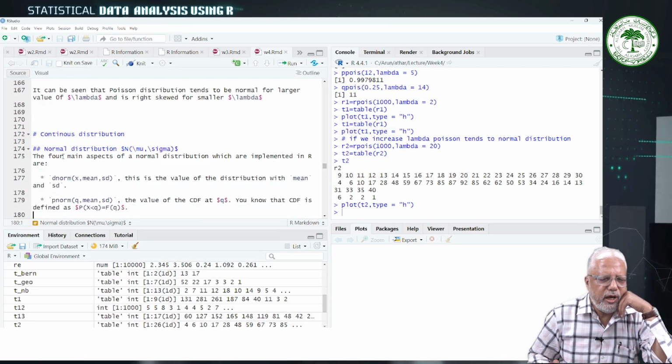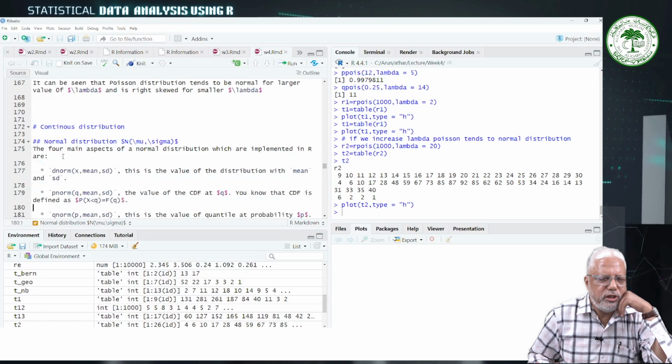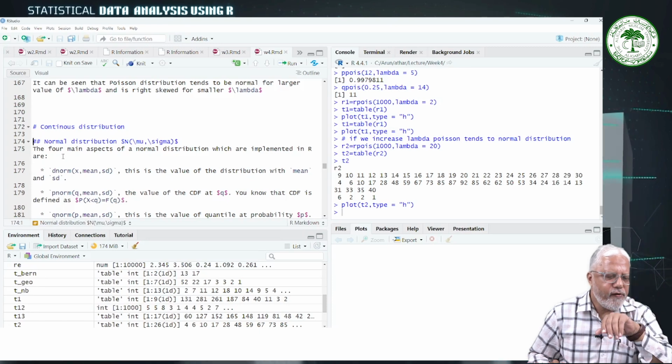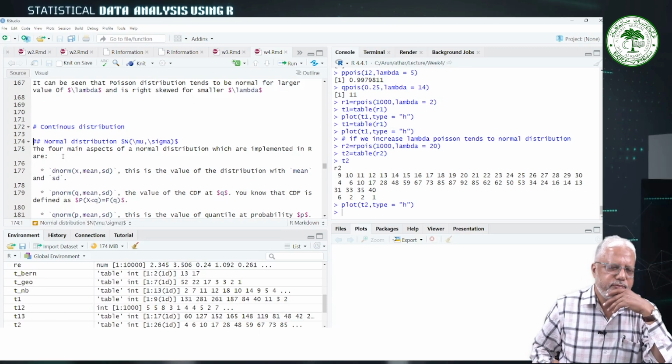So here I am going to talk about a continuous distribution, and this distribution is the normal distribution.